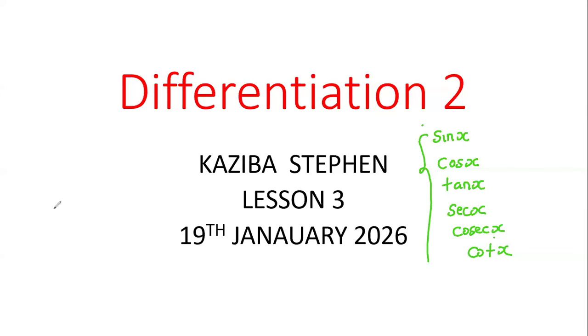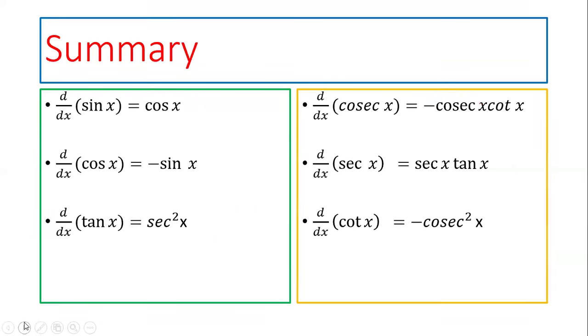Now, after having those, the rest of the things we are going to be dealing with is just a matter of interacting with the different approaches on how we differentiate. So we looked at this summary, and now we are going to build from here and look at some scenarios where we apply the differentiation of trigonometric functions.